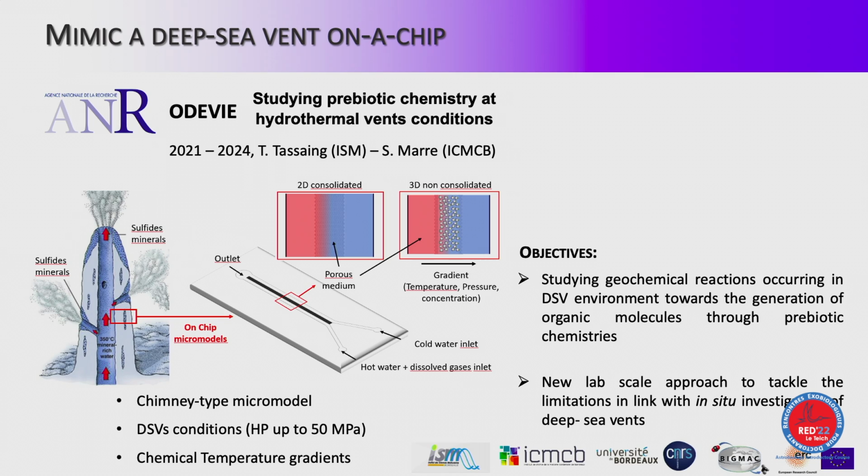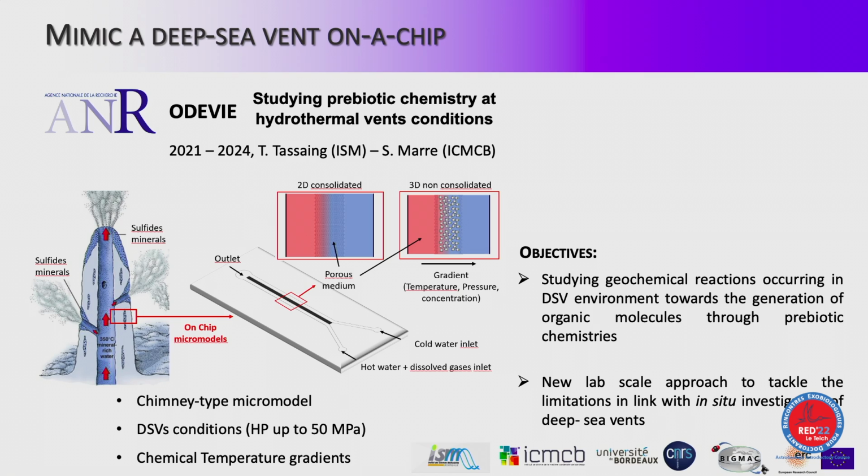Here the idea, in the frame of this French project, Eau de Vie, is to study the prebiotic chemistry at deep sea vent conditions. This project is performed in the lab in Bordeaux by Thierry Tassin and Samuel Mar. You have an example here of the microchip, where it's going to mimic the chimney.